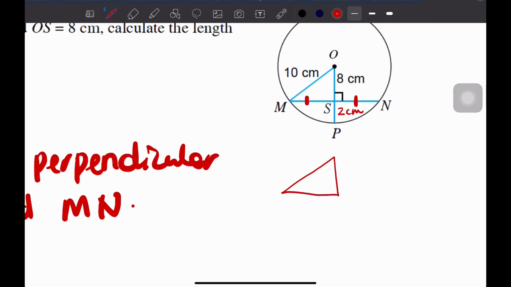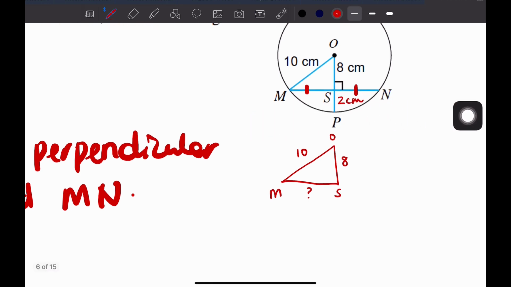This is O, this is S, this is M. So OS is 8, OM is 10, MS is unknown. We know that the chord MN is 2 times MS, so we need to find MS first.